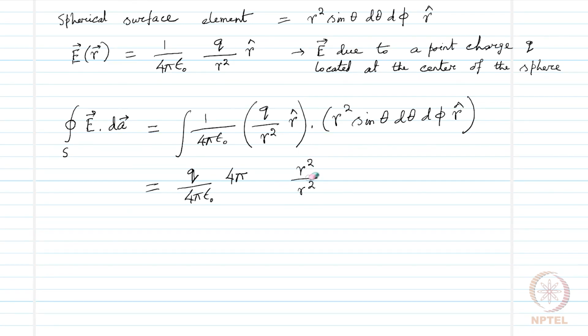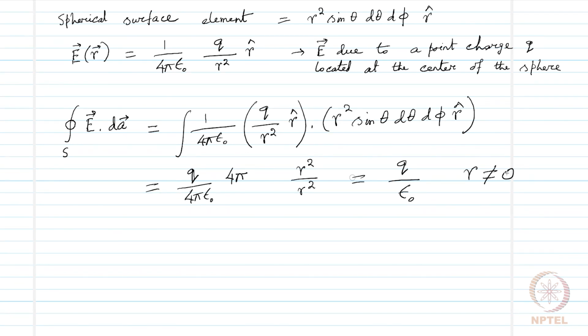So, r squared over r squared is nothing but 1, and 4 pi cancels. So, we are left with the amount of charge over epsilon naught. We are left with only this. That means, we notice that the radius of the sphere cancels out, provided the radius is not 0.